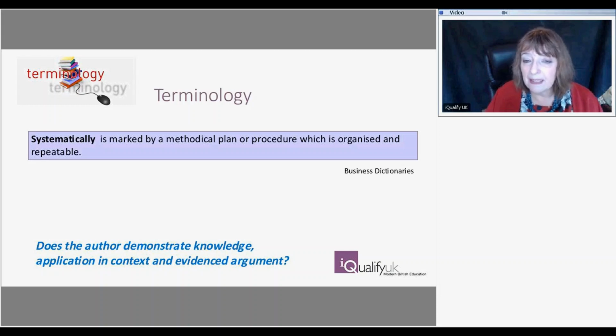And that's the issue. It's having the right process, right procedures to systematically go through and achieve our goals. So again, the question for the assessors is, does the author demonstrate knowledge, application in context, and evidenced argument?